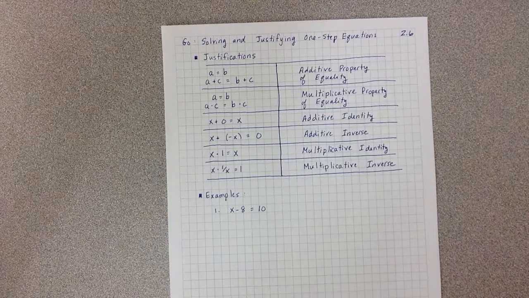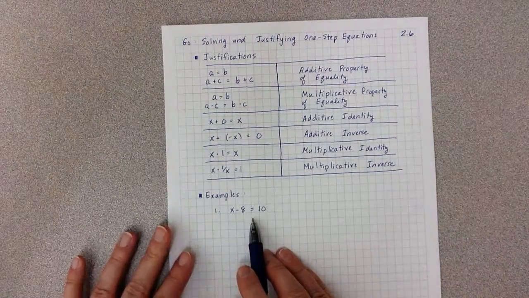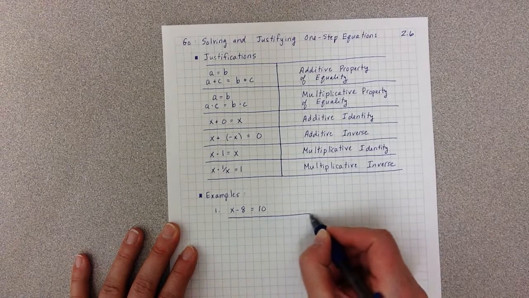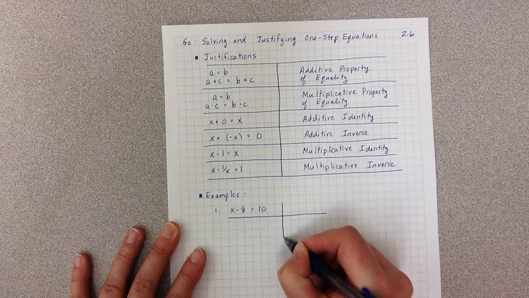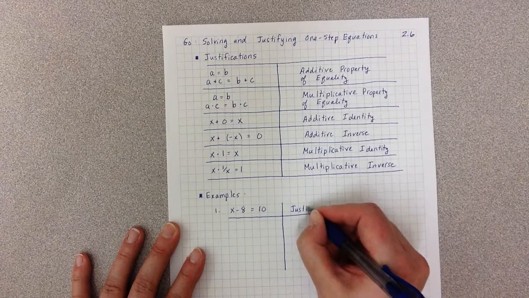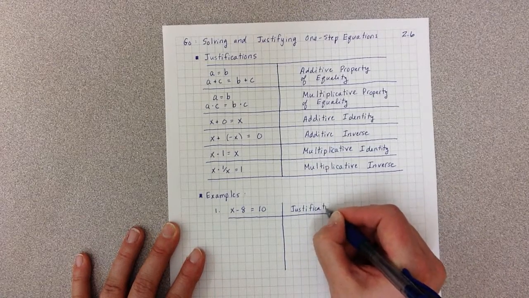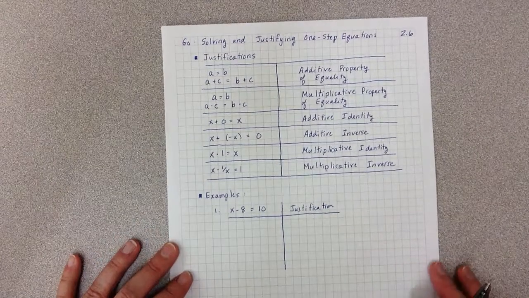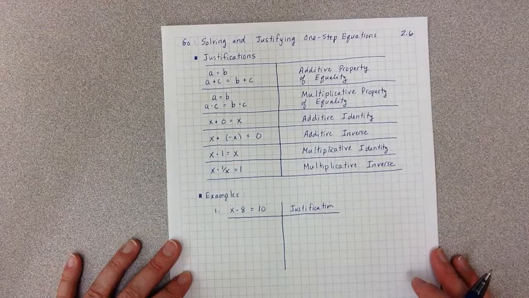In my first example, I have x minus 8 equals 10. Very often in this justification, you will see them set it up like this lovely table, where on the left-hand side, I show my work, and on the right-hand side, I write the justification.